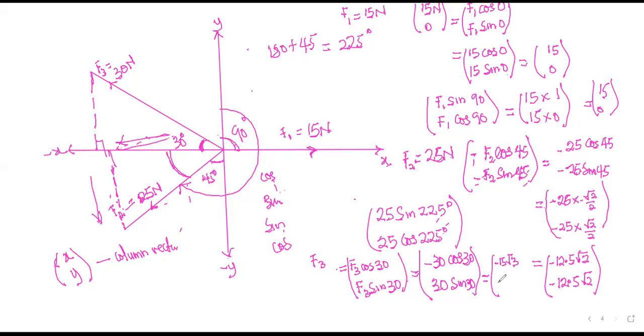Sine 30 is half times 30, so 15. The other plan B is that you can use the angle it makes with the y. This is 60. And if you use that, the other will be sine cos. Gideon, are you okay?